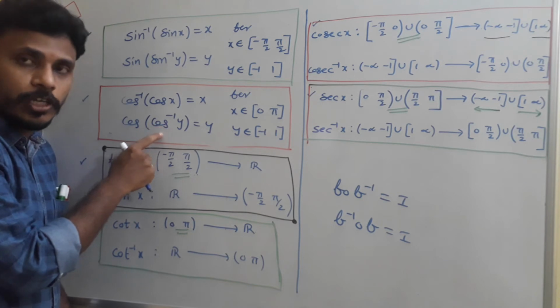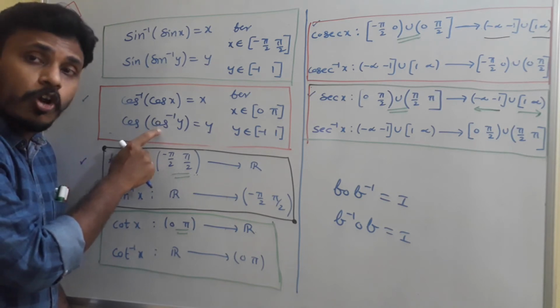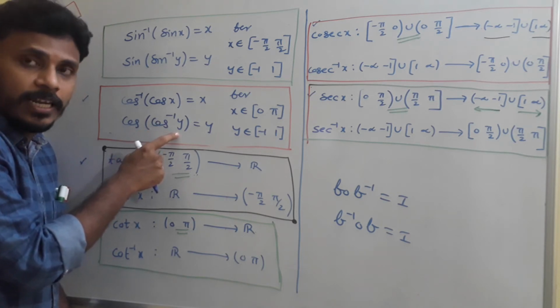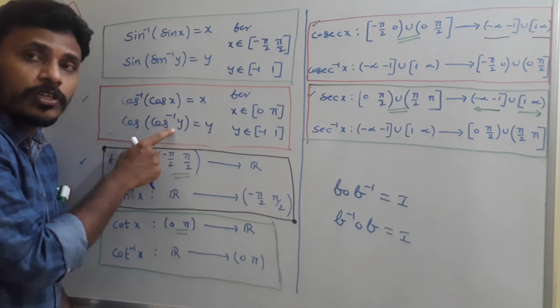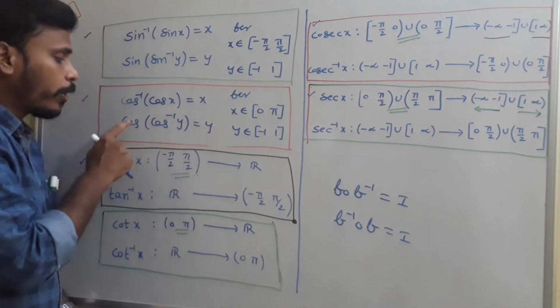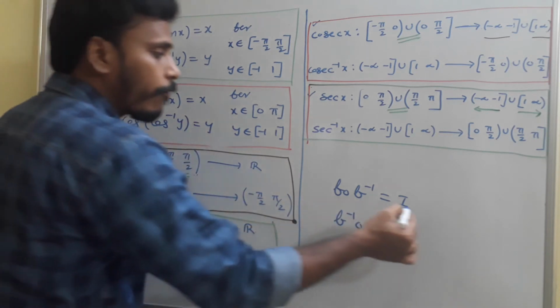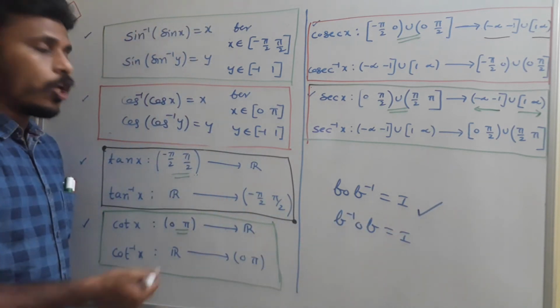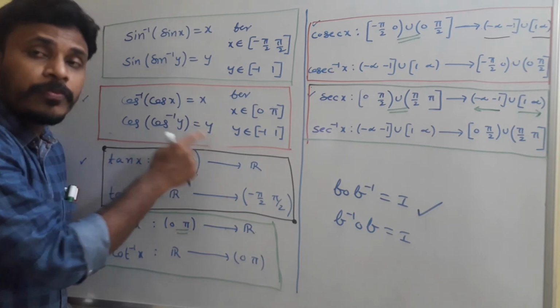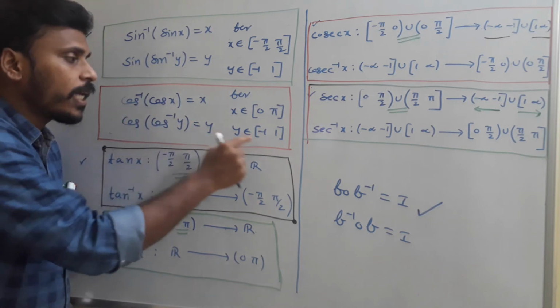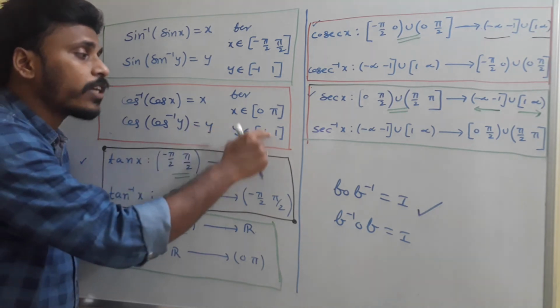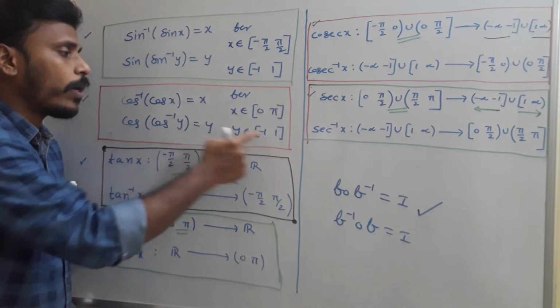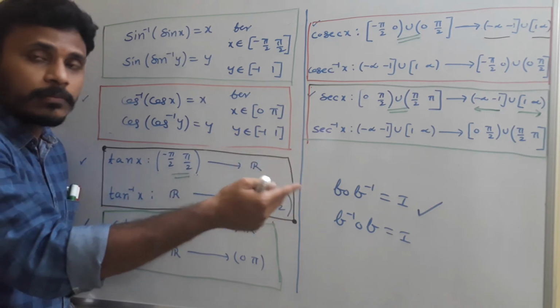Cos inverse is inverse trigonometric, and for this the input is real numbers, so the output is also real numbers. Just like f circle f inverse indicates the identity, input and output are the same only if y is in the interval minus 1 to 1. If y is outside of minus 1 to 1, if y is any number like 3, then it is not true.